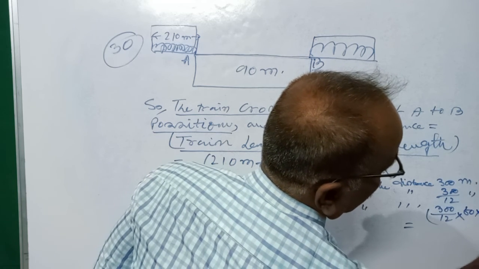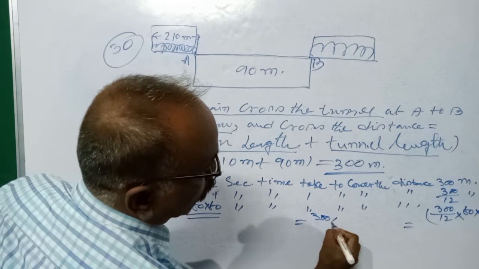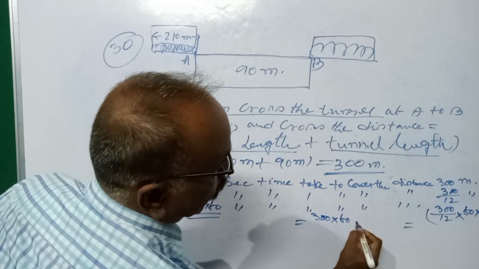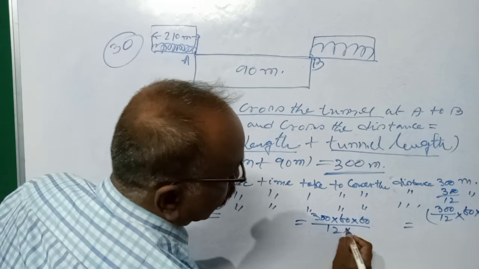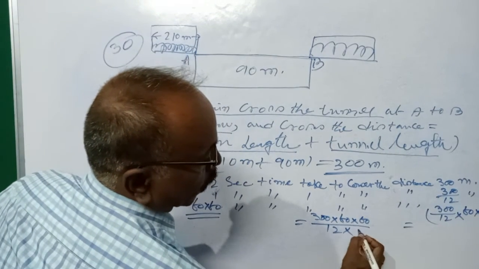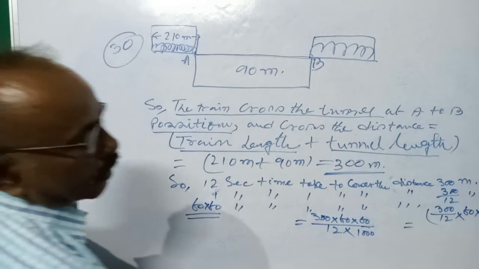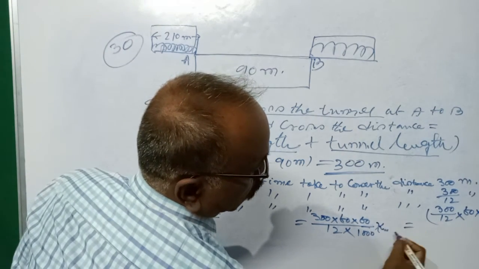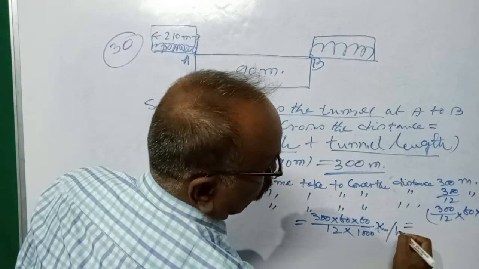This distance in meter is equal to 300 into 60 into 60 divided by 12. As it is in meter, we transfer it to kilometer by dividing by 1000. This is the speed of the train in kilometer per hour.